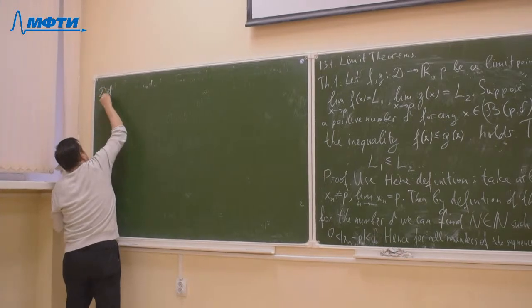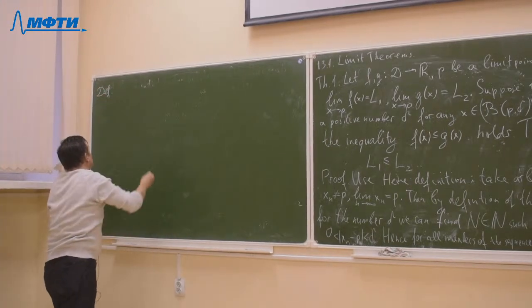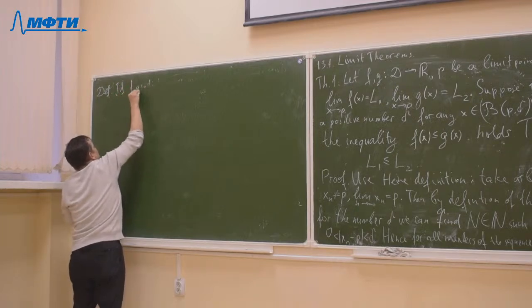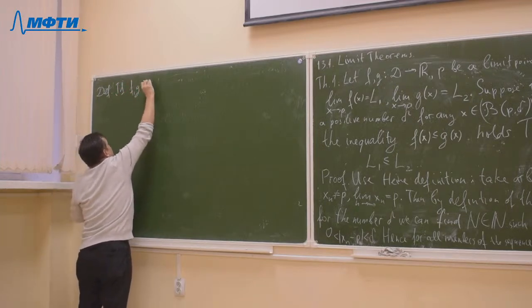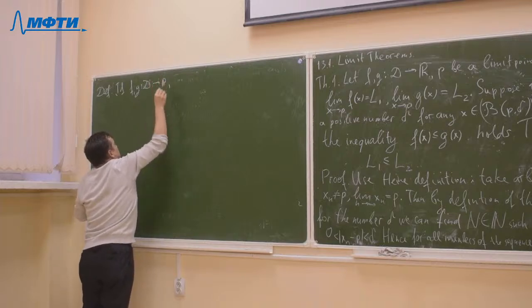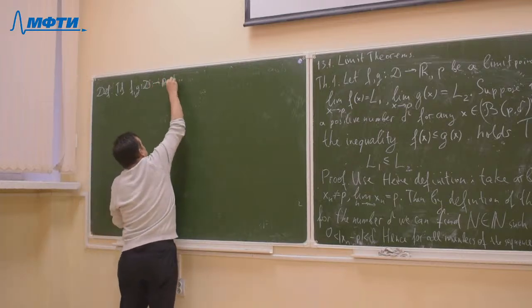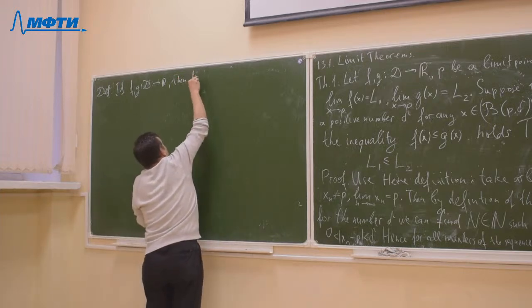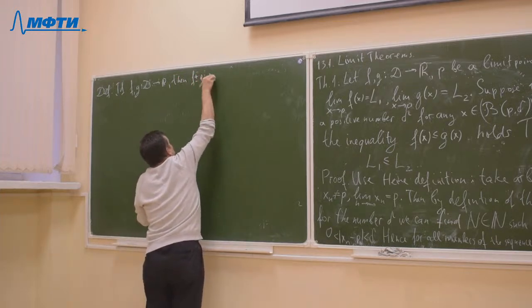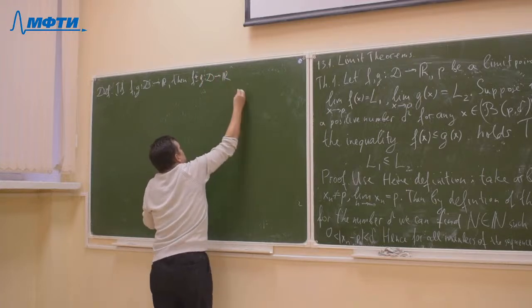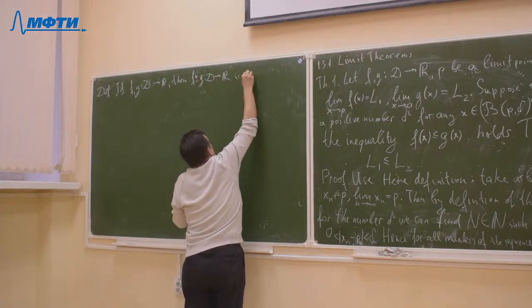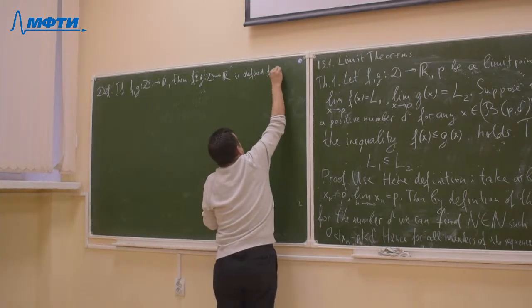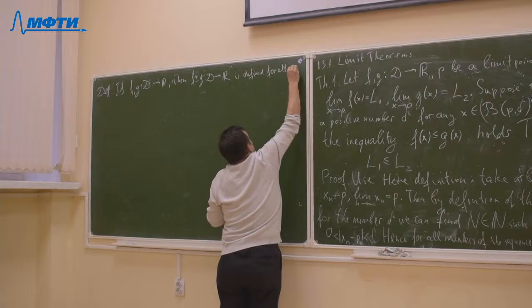So, definition. If f, g from D to R, then f plus or minus g from D to R is defined for all x in D as follows.